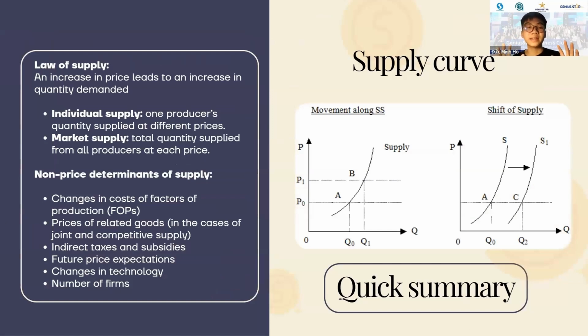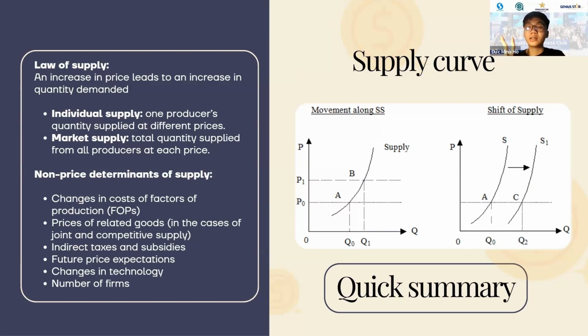Okay, before we end the lesson here, let's quickly summarize what we've covered so far. First, the law of supply. It tells us that when price increases, quantity supplied also increases. But when price decreases, quantity supplied falls. We've also distinguished between individual supply, which refers to one producer, and market supply, which is the total supply from all producers added together. Next, we clarified the difference between a movement along the supply curve and a shift of the supply curve.